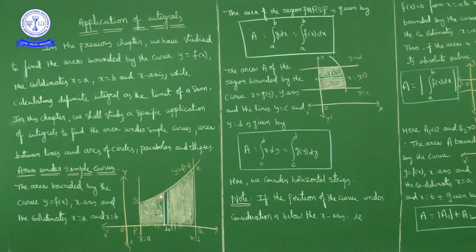Now this is one vertical stripe with a width of dx. I will consider this as a rectangle. So the area of this stripe is y dx, where length is y and width is dx.